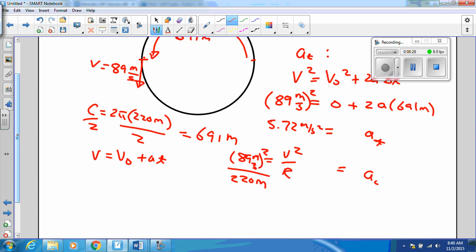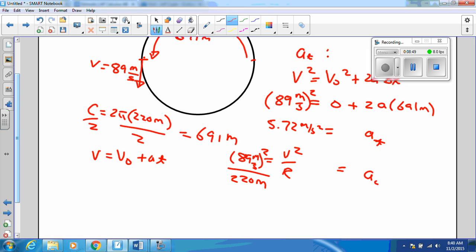This would give us, if we actually completed this, the correct answers to the wrong question. We together found the components of acceleration at the end of the semicircular turn, which is not the same as halfway through the semicircular turn.